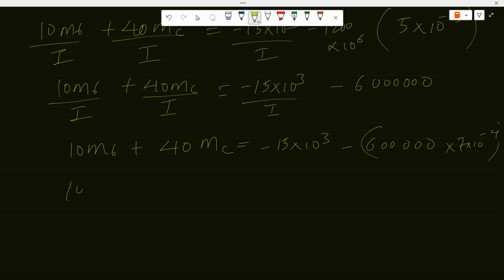We'll be having 10 MB plus 40 MC equals minus 19200. Dividing everything by 10, we'll be having MB plus 4 MC equals minus 1920.